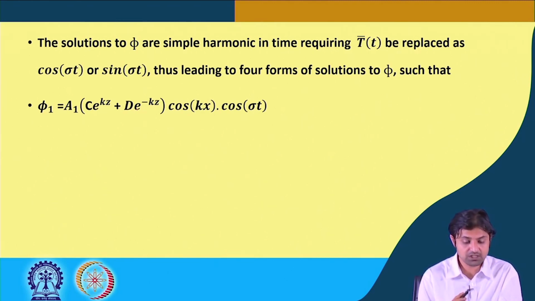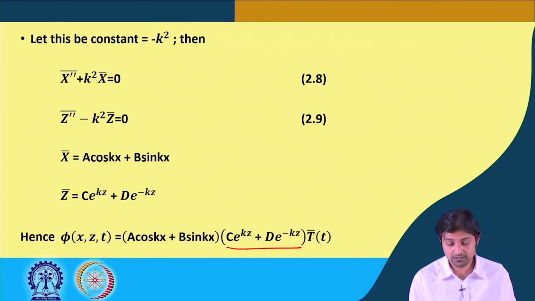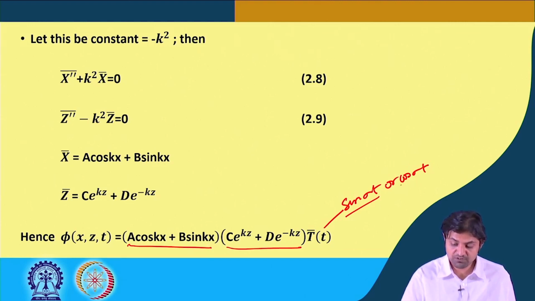So, we can write 4 different terms. a cos kx plus b sin kx multiplied by either sin sigma t or cos sigma t. There are going to be 2 terms when we assume T as sin sigma t, and after multiplication with this, there will be 2 other terms if instead of sin we assume cos sigma t.